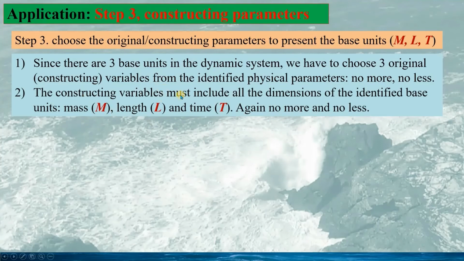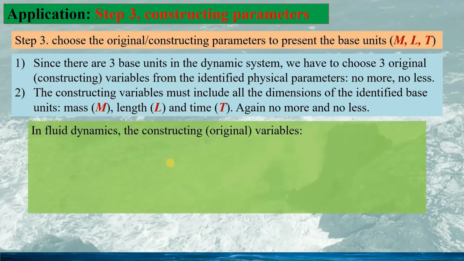And the constructing variables must include all the dimensions of the identified base units, mass, length, and time. And again, no more and no less. That means the constructing variables contain only 3 dimensions, mass, length, and time.